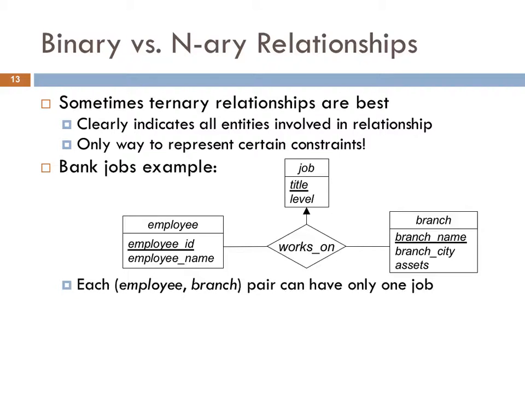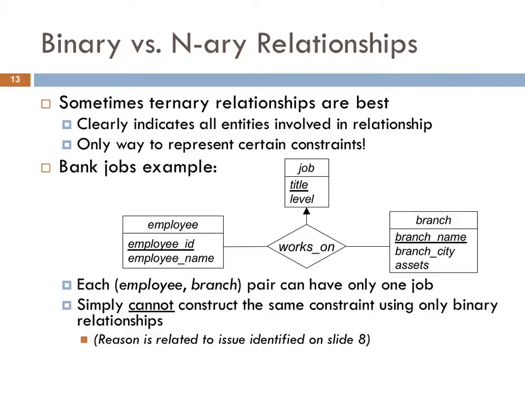So the bank jobs example, yeah, each employee branch pair can have only one job. It is not possible to construct a collection of binary relationship sets that can impose this constraint. It is not possible. And yeah, like I say on the slide, there's a reason.